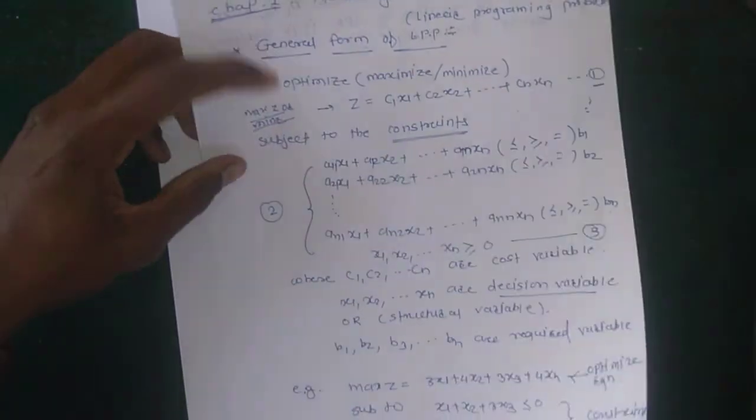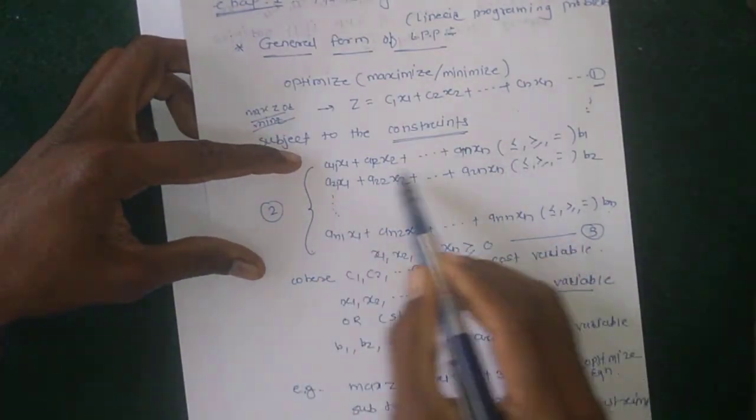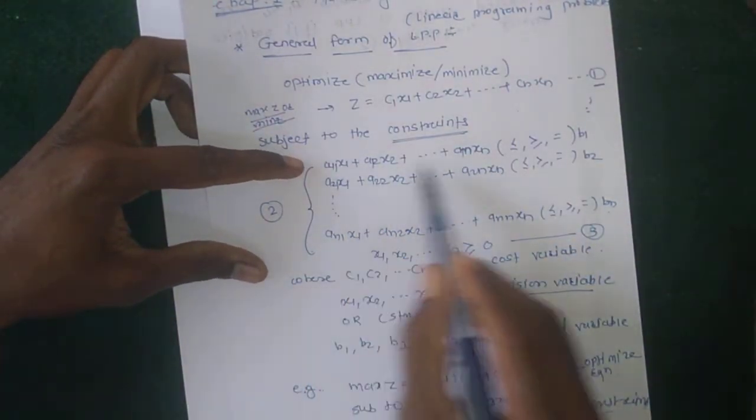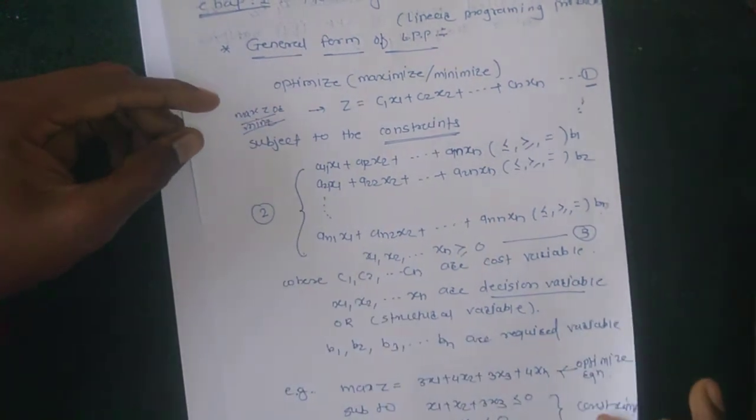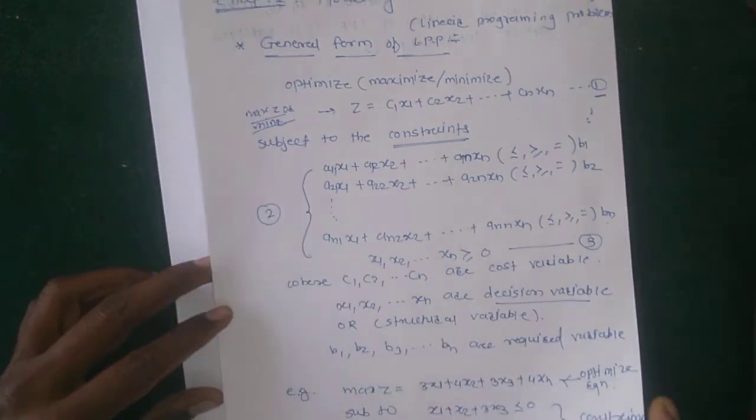If x1, x2, up to xn satisfy these constraints, then x1, x2, x3, up to xn are called a solution of the LPP.